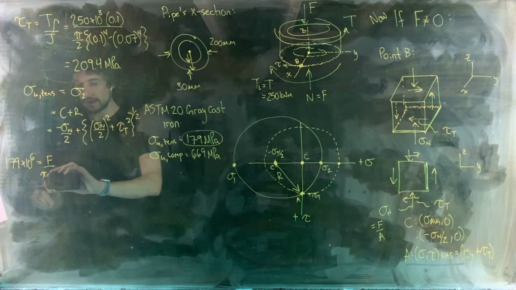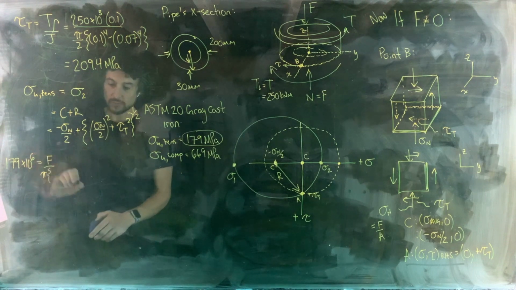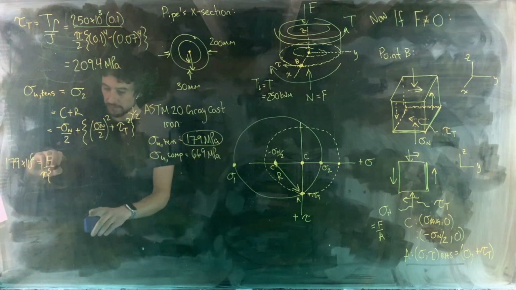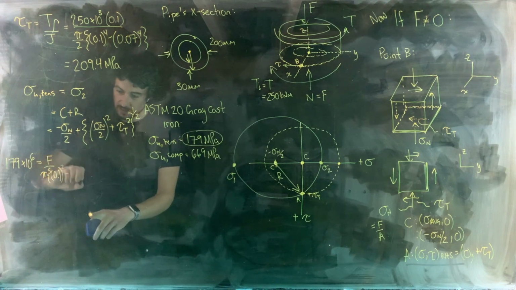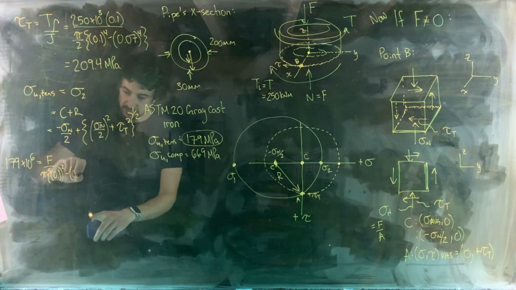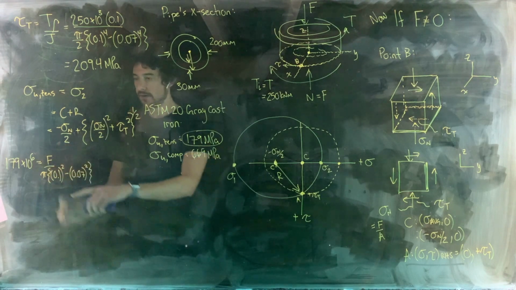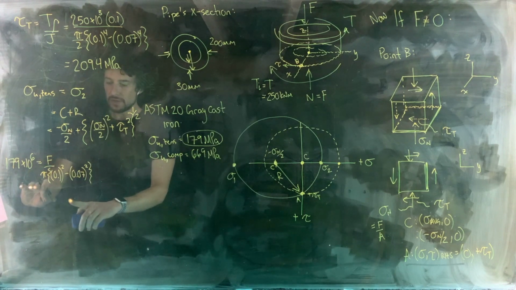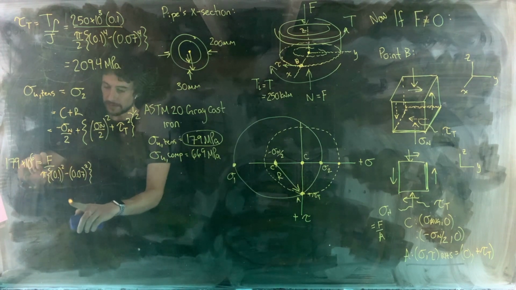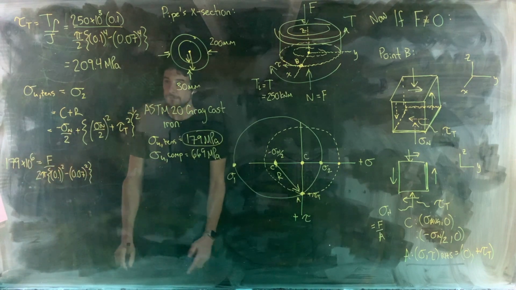Let's just do radius here. Pi r squared, so outer radius squared minus inner radius squared. Outer radius was 100 millimeters squared minus inner radius 70 millimeters squared. Right, so that's the value of normal force. And then we want to divide that by 2. We have our 2 down there, so we'll put our 2 there.